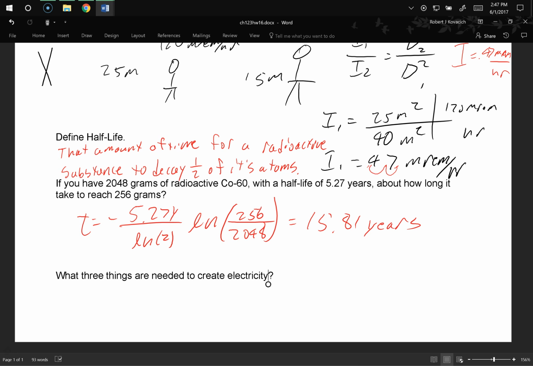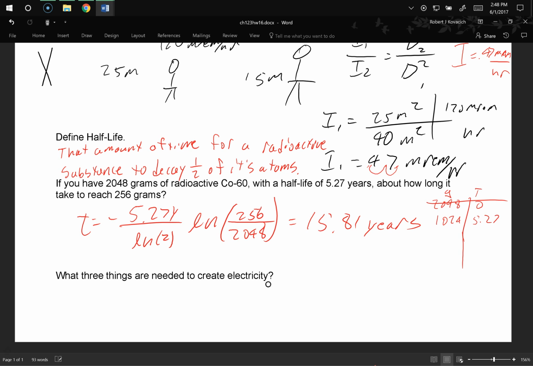Is there a way you could do a quick check on that? See if that is reasonable. Well, you could say I've got 2048 grams here, and time equals 0. And then I cut that in half, and half of that is what? And that's going to be 5.27 years.